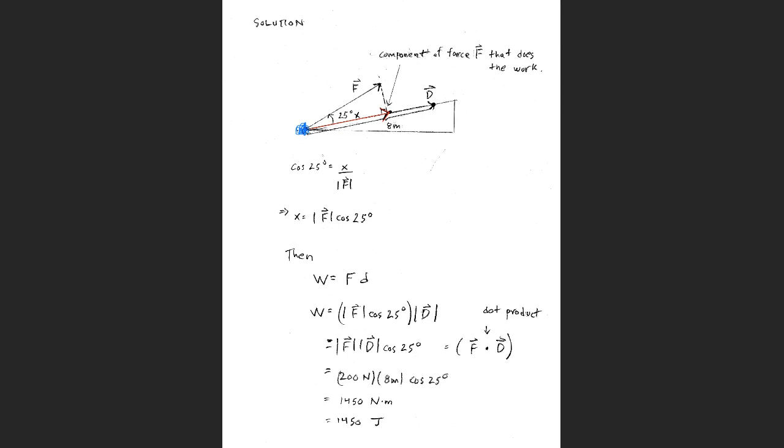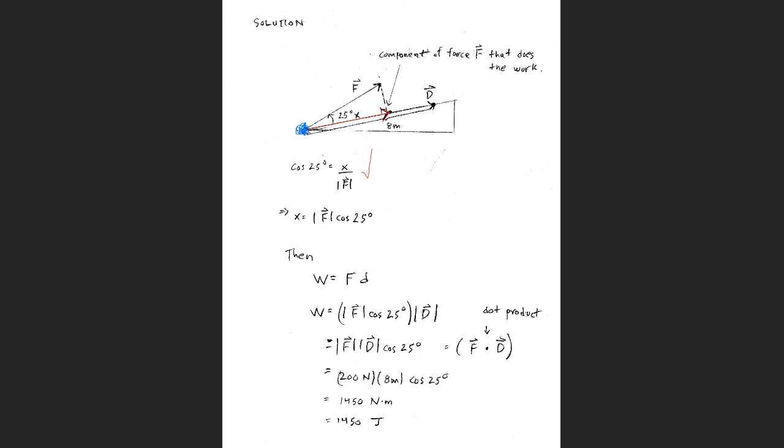Given that, we'll call the length of that red vector x. Since we have a right triangle here, the cosine of 25 degrees is equal to adjacent over hypotenuse. So that would equal x over the magnitude of the force, which is the length of the force vector.